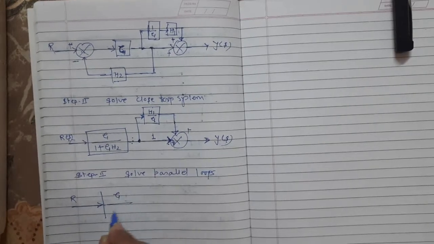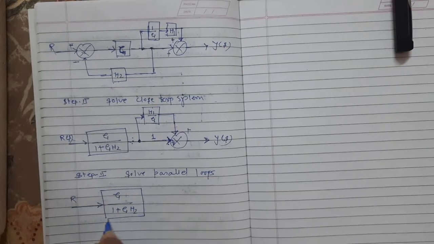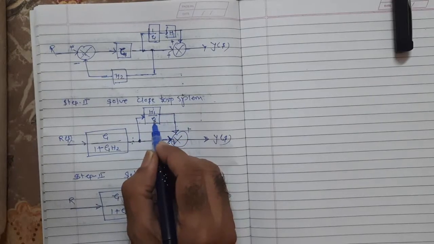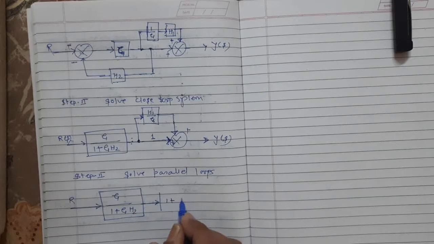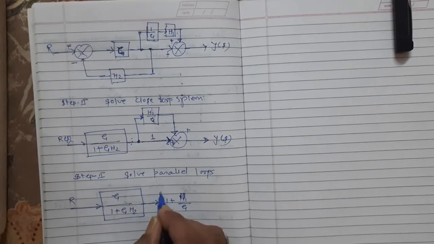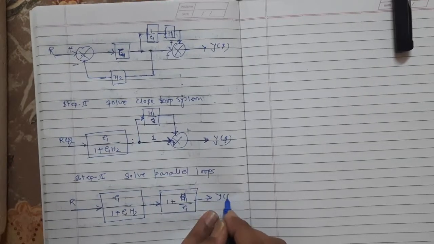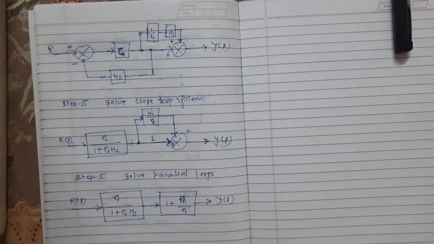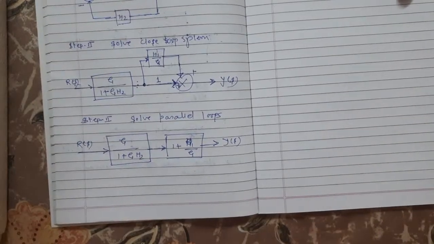this is G divided by 1 plus G into H2, and here this is H1 into G, and this is plus 1, so this is 1 plus H1 divided by G, and here is Y of s and here is R of s. So these two blocks are in cascaded connection, or in series.